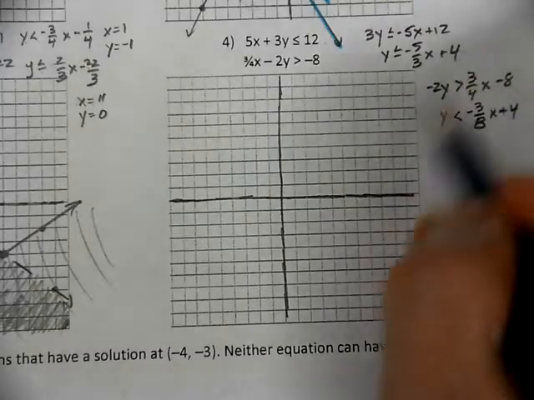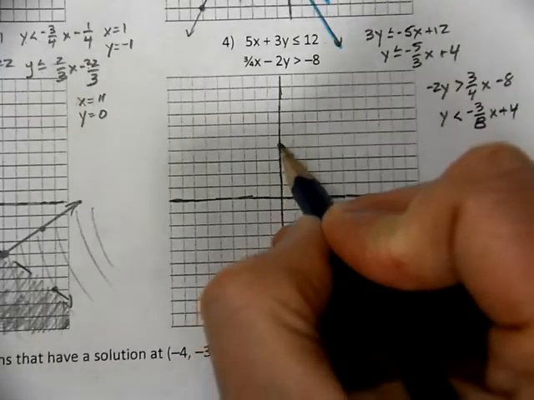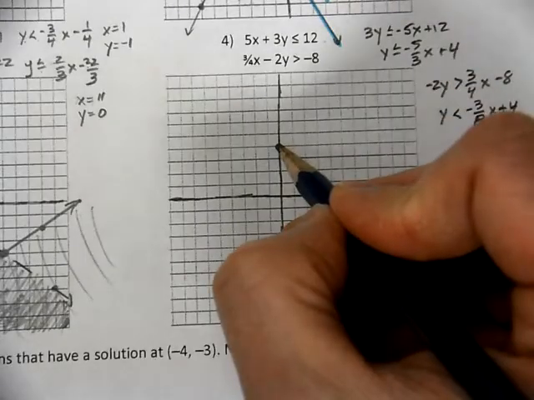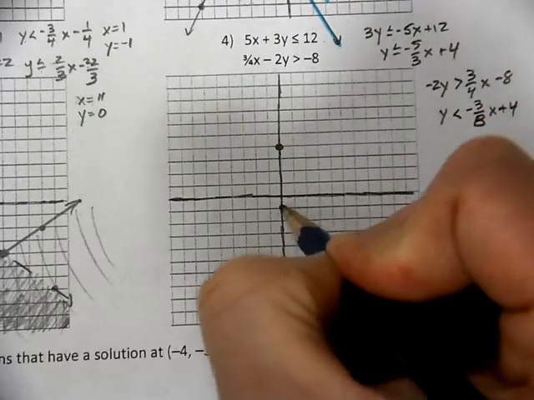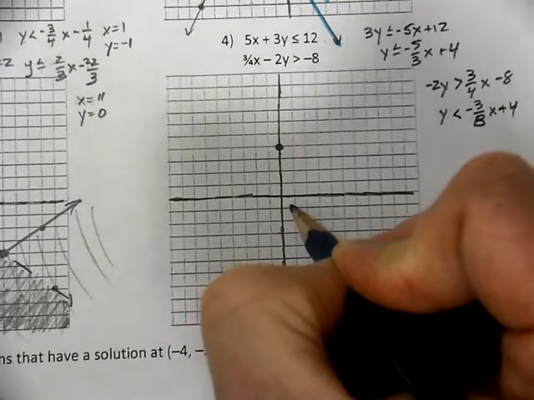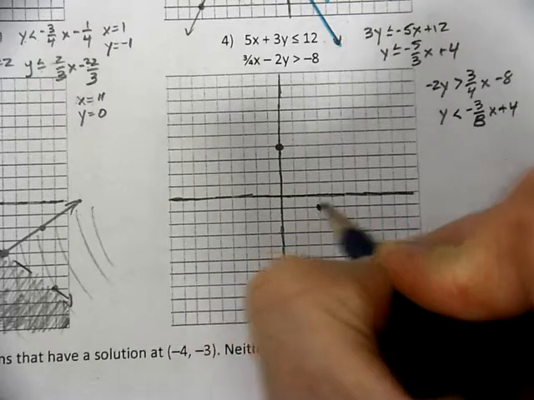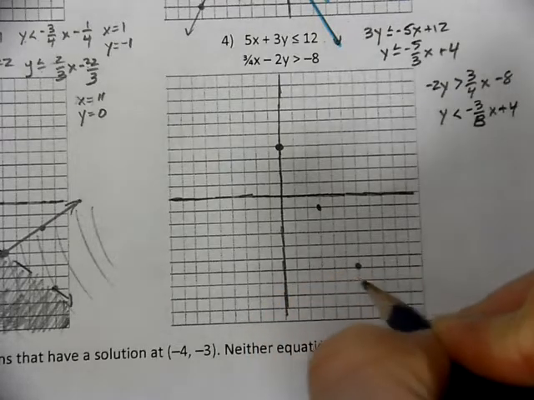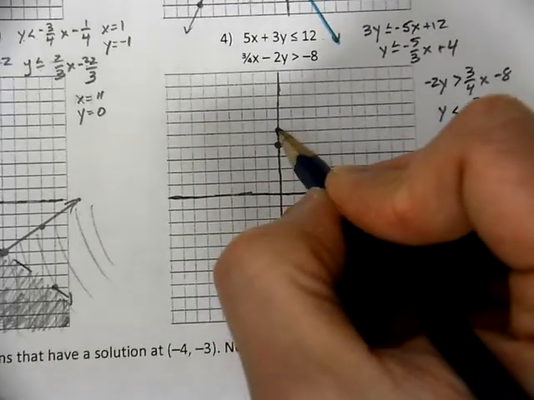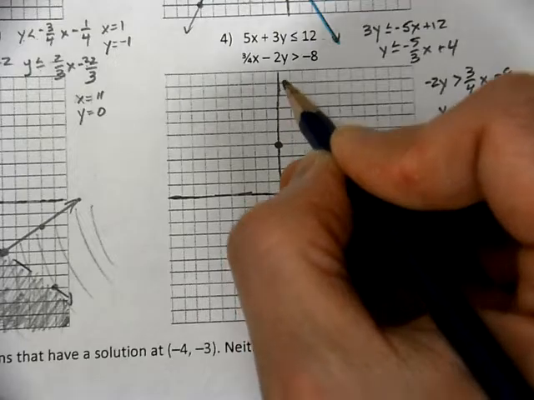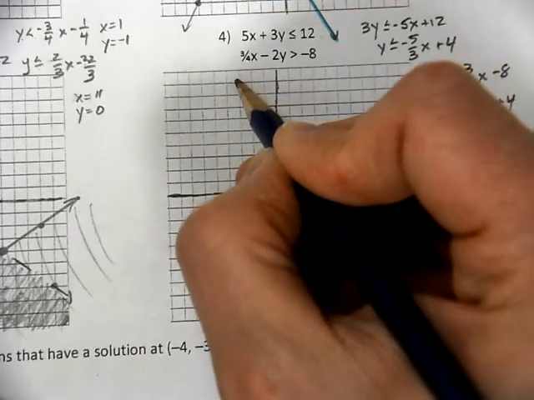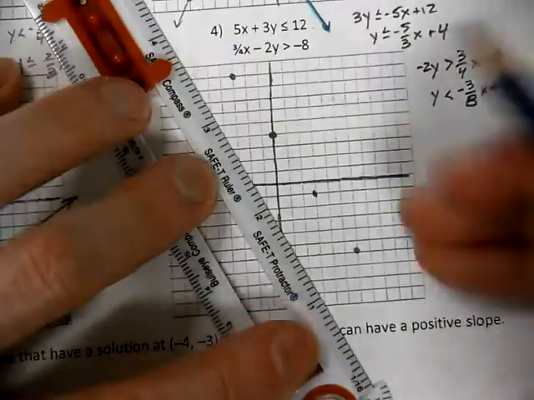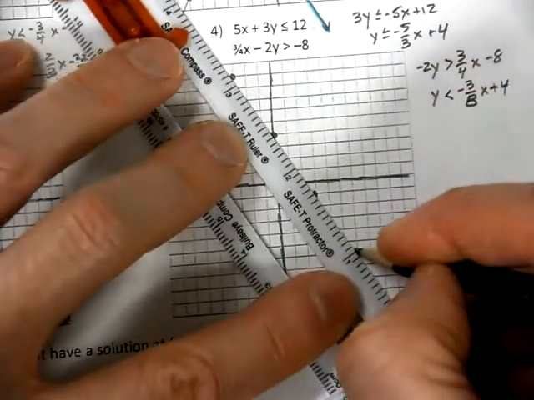We have one equation, positive 4, with the slope of down 5, positive 3, up 5, negative 3. And look at your inequality again.